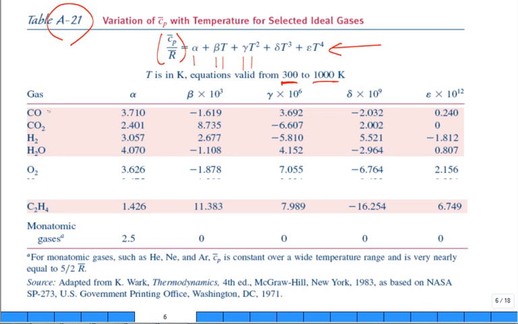So here's for the gases, here's your alpha value, your beta value. Oh, what's this 10 to the 3 mean? If I want to put a beta for oxygen, do I take this value and divide by 10 to the 3 or multiply by 10 to the 3?